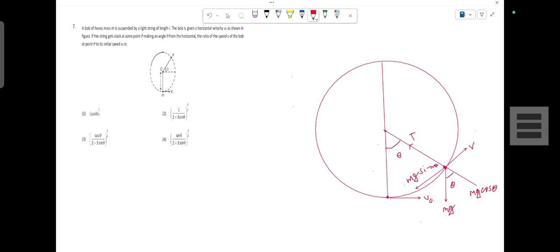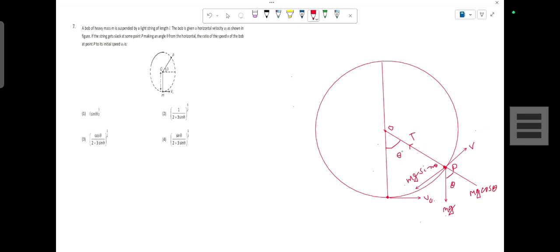Okay, so now to understand the dynamics, the net force on the body at P acting along the PO direction, that is point O, that is tension, net tension.